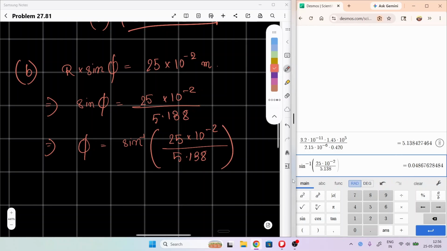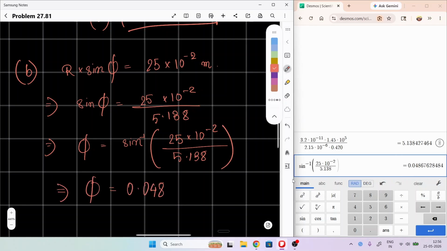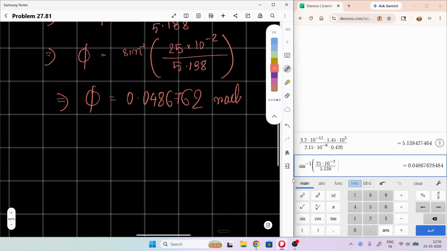In radians, it is 0.0486762 radians. Okay, so phi is this.